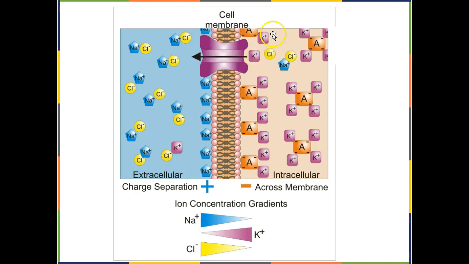So potassium leaves, anions try and follow it. They end up stuck on the inside of the membrane, and again, because those forces can be felt through this channel, positive charges line up near these leak channels, which are regularly distributed across the surface of the membrane, or across the whole cell.